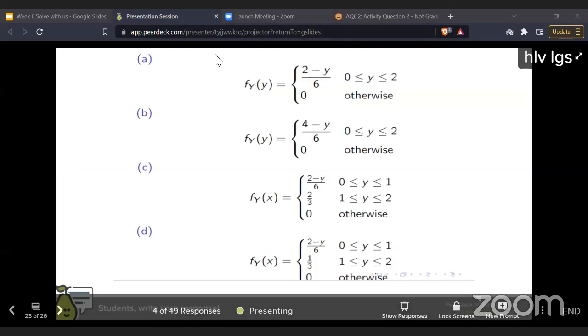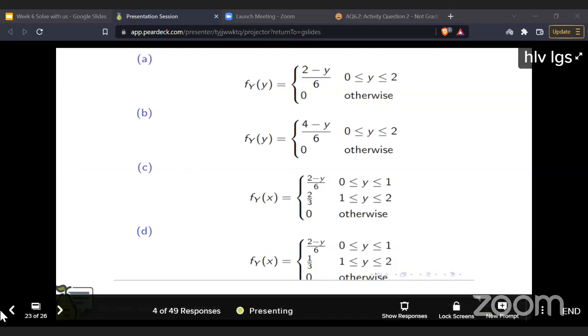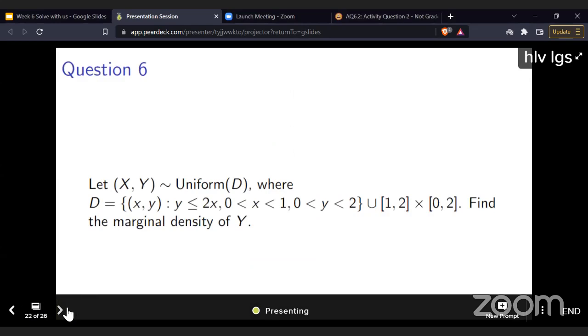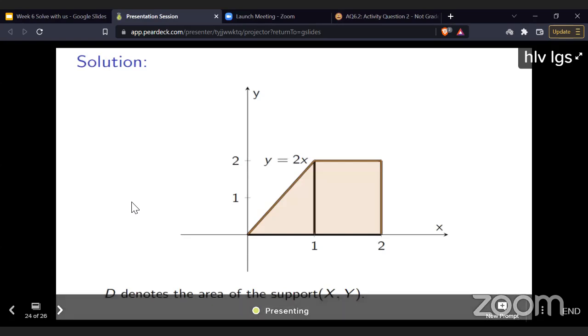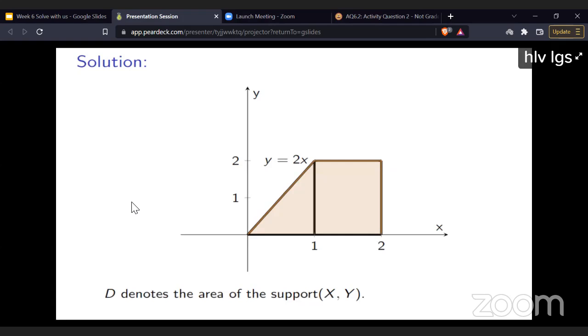Yes, ma'am. So we have to find the marginal of y. So by plotting the area of region D, we got the area 3.